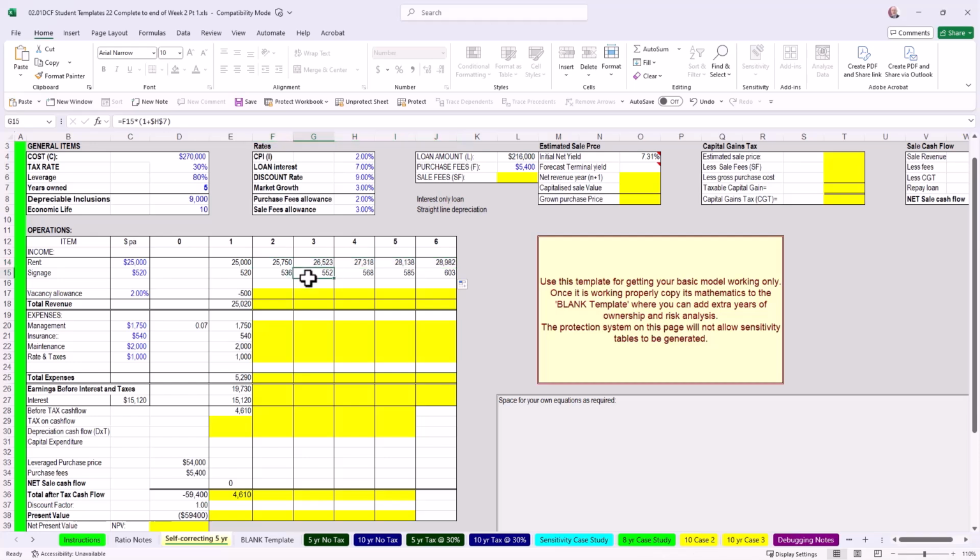I'm going to continue to do that to come down and deal with the vacancy in the same way. I don't really need the equation there, so I'll take it out and I'm going to fill this across as well. And so now, with only one real equation written, but a lot of copying and filling, I've calculated all of my revenues.